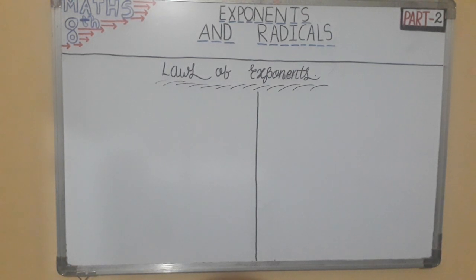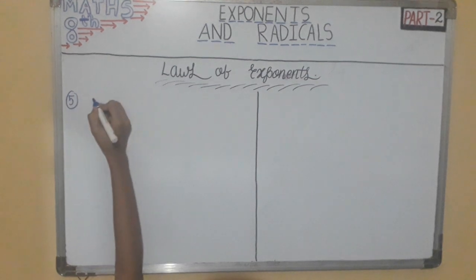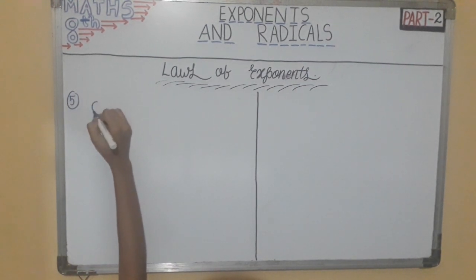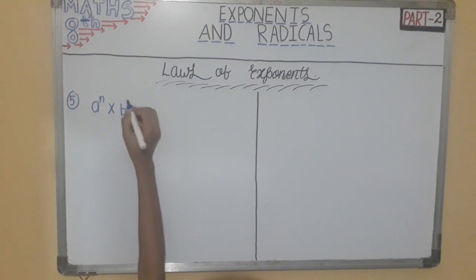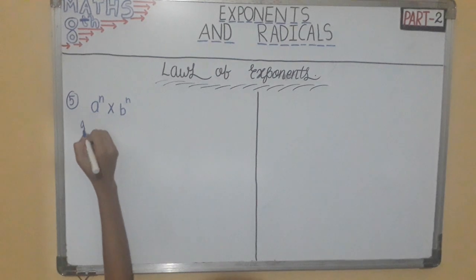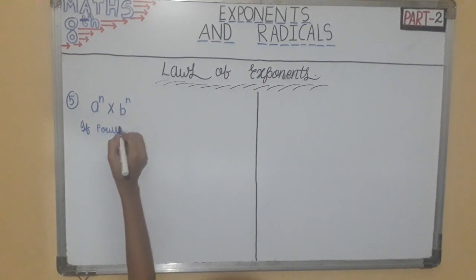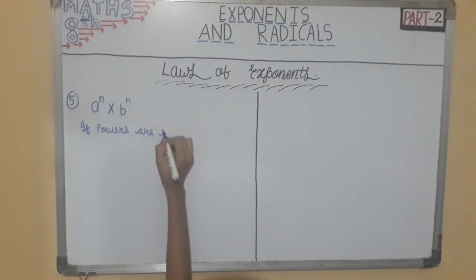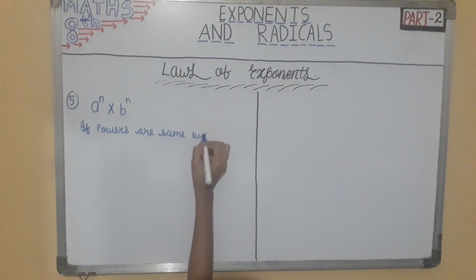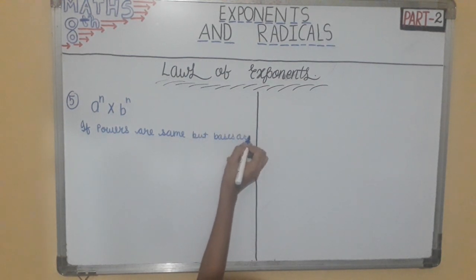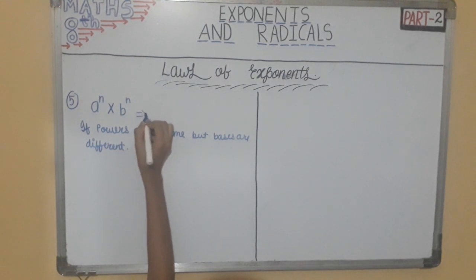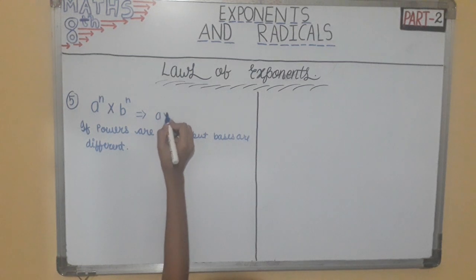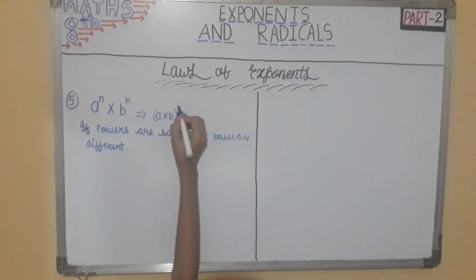So our fifth law is: if a raised to n into b raised to n is given, if powers are same but bases are different, then only we will take the bases and multiply them and the whole raised to n.